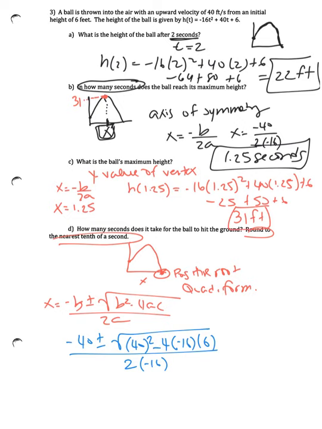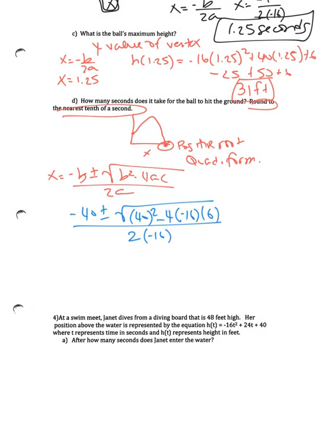So that's going to be x equals negative 40 plus or minus the square root of 40 squared, which is 1600. It's going to be plus, because I have 2 negatives, plus 4 times 16 times 6, which is 384, all divided by negative 32.